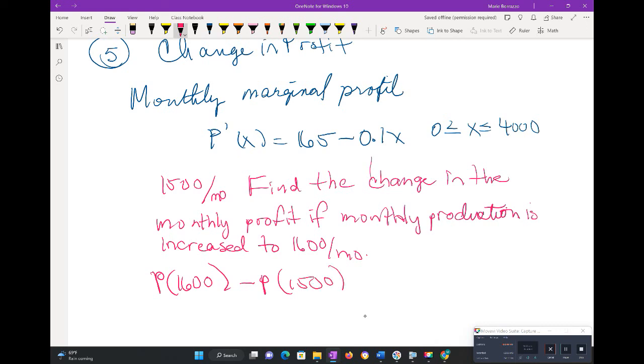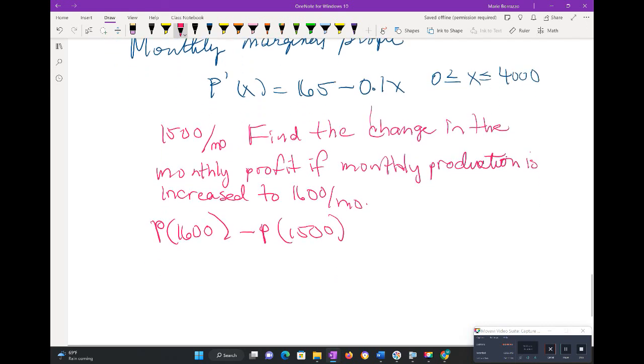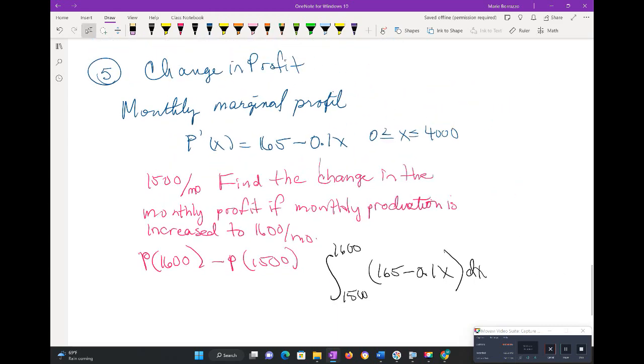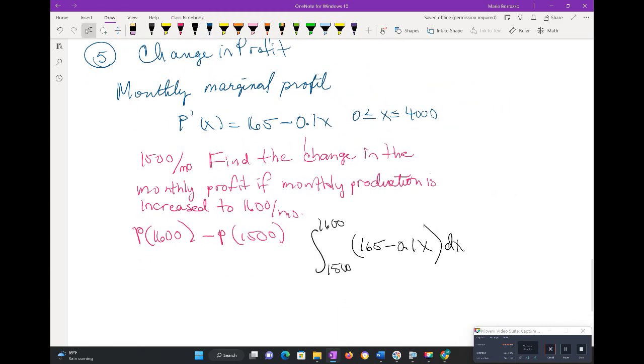So comparing the two production rates, which as an integral looks like this. You have the 1,600 as your b term, the 1,500 as your a term, and you're given the function 165 minus 0.1x dx. So that's how this integration concept ties in with an application question.